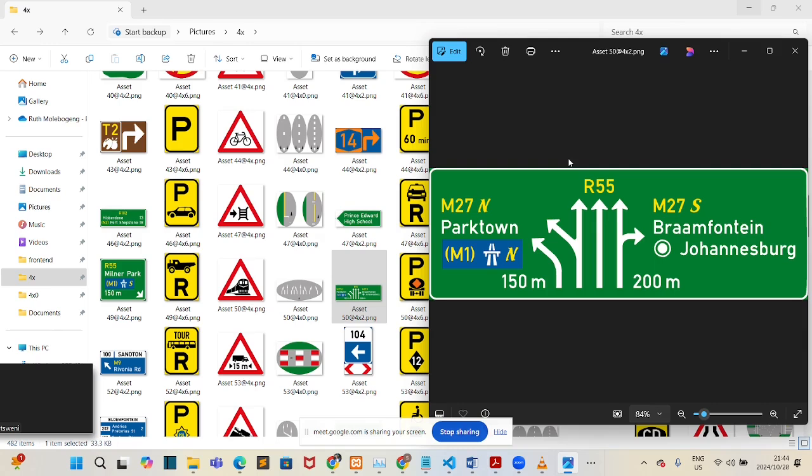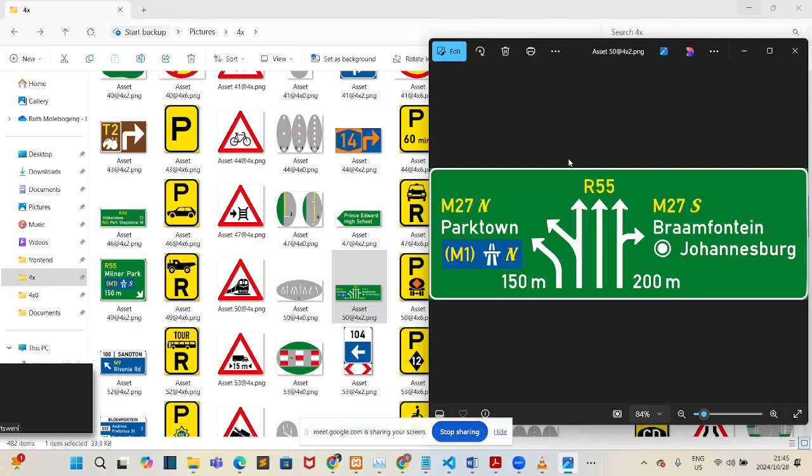C, on any ordinary road with more than one traffic lane. Can you please repeat the second option? On any freeway with more than one traffic lane. I'm going with C, on an ordinary road with more than one traffic lane.